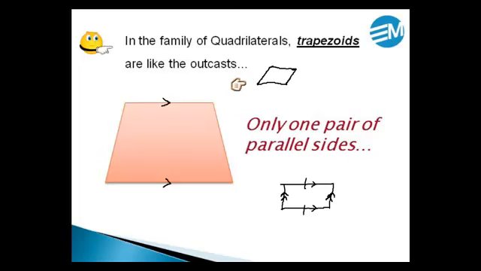That's good, so it has both pairs of sides parallel. The difference between a parallelogram and a trapezoid is that a trapezoid only has one pair of parallel sides. So this is known as a trapezoid.